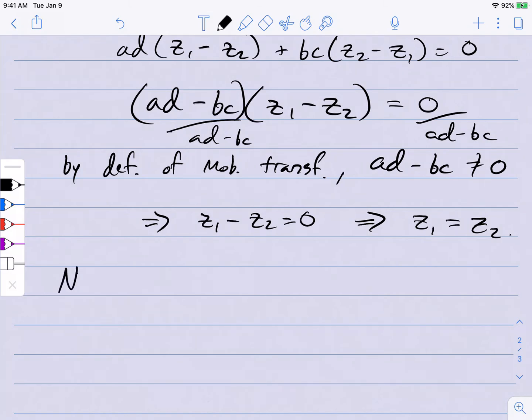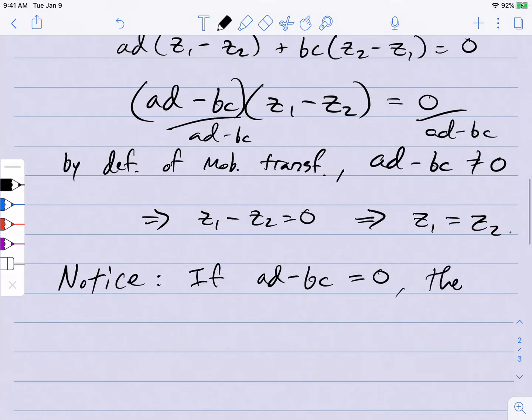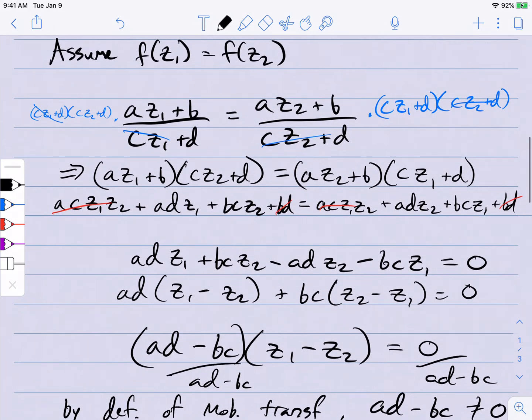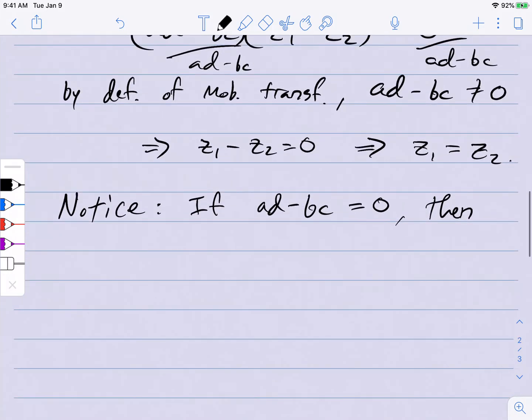Now, the thing to notice here is that this explains why we have this condition. If a d minus b c does equal 0, then working through this, actually everything I did here is an if and only if.